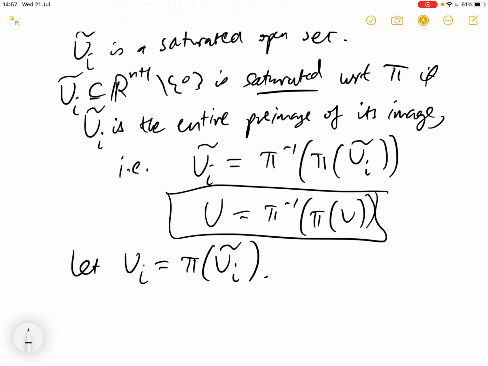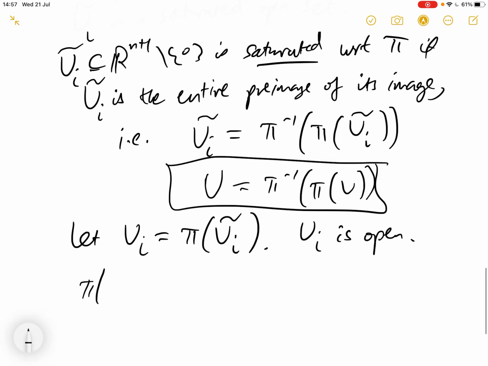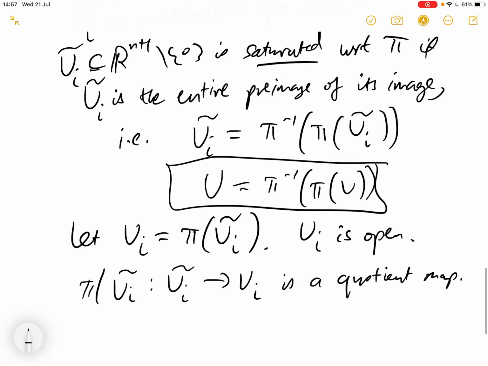And you can prove that any surjective continuous map takes saturated open sets to open sets. So U_i is open, and moreover we can say that pi restricted to U_i tilde, going from U_i tilde to U_i, is a quotient map. There's a lemma that says if U is a saturated set, then pi restricted to U is a quotient map.